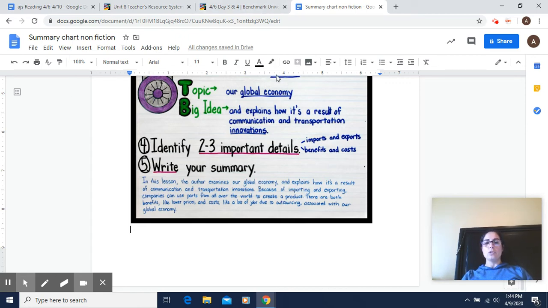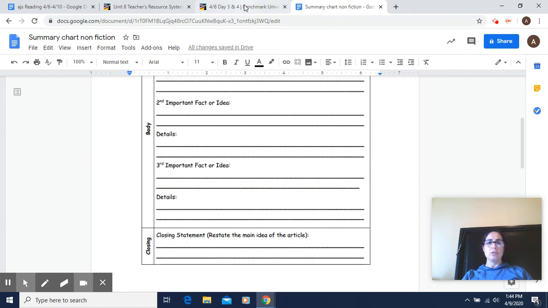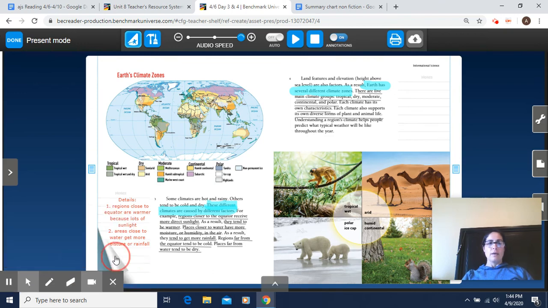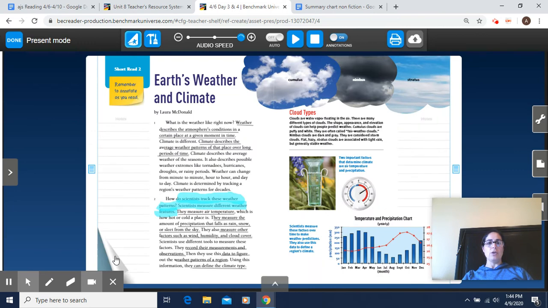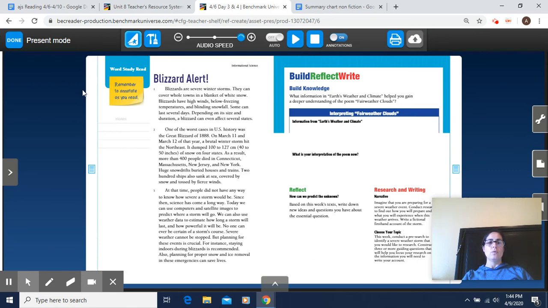But if we go back to ours, yours should apply to, of course, weather and climate. And who was the author? Laura McDonald. Then use your main ideas and details to write your summary and make sure that you wrap it up.